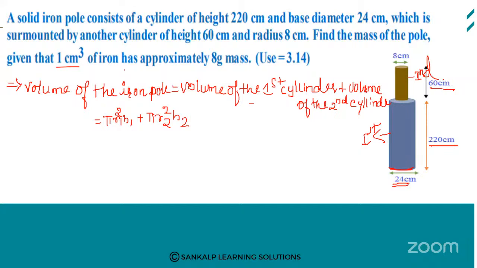So what is r1? Diameter they have given, that is 24 divided by 2, so this is 12 centimeter. Next, H1 is 220 here. And R2 is 8 centimeter and H2 is 60 centimeter.